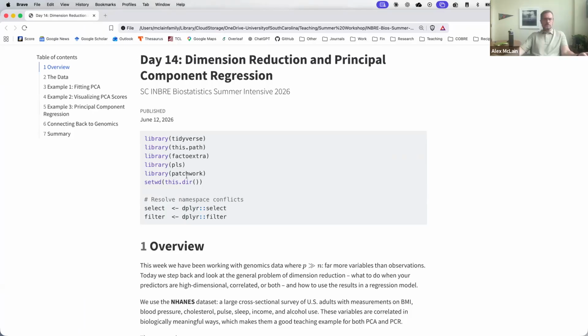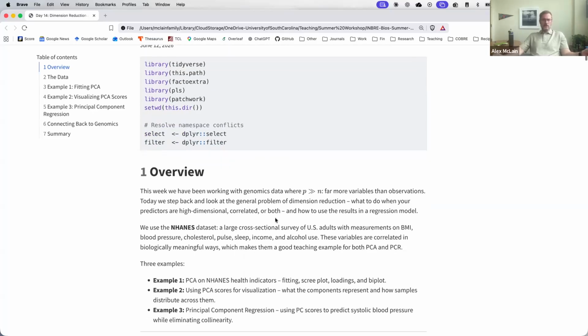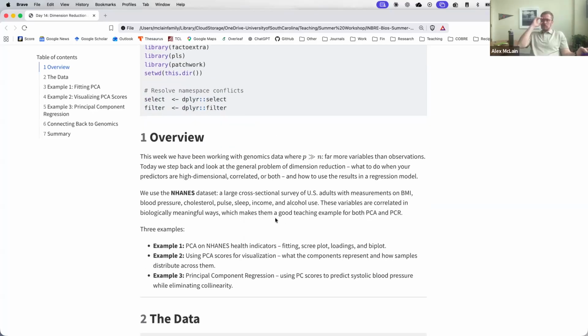Okay, so loading all the packages, and again, resolving some namespace conflicts that I talked about in the lab yesterday. Saying, all right, use select from dplyr, use filter from dplyr. Those can have some conflicts to them.